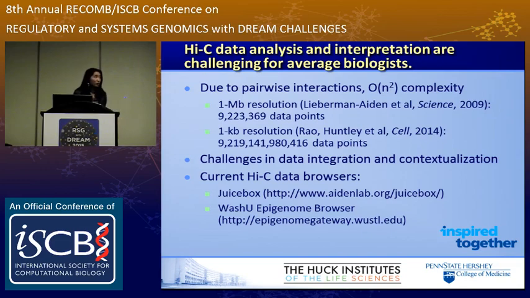There are actually some current Hi-C browsers that have tried to address these issues in their own way. Most notably, Juicebox, which was released as part of the Rao et al. paper by Lieberman Aiden's lab, as well as the WashU Epigenome Browser from Dr. Ting Wang's lab.